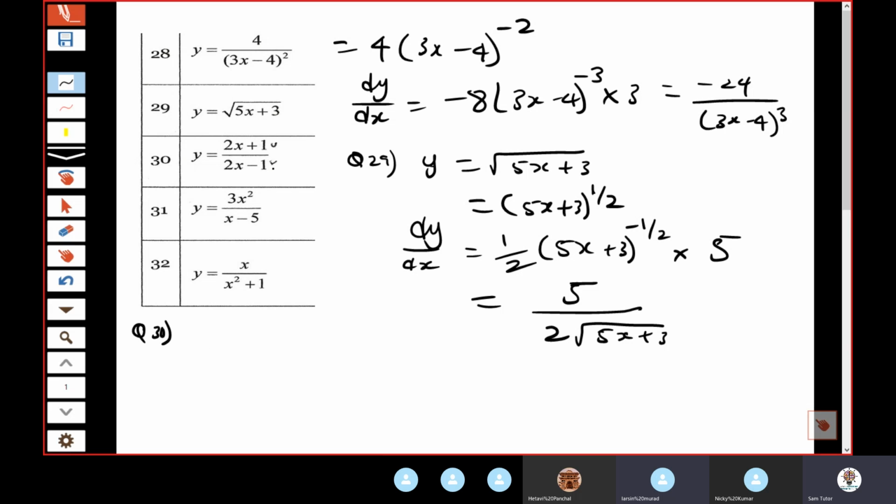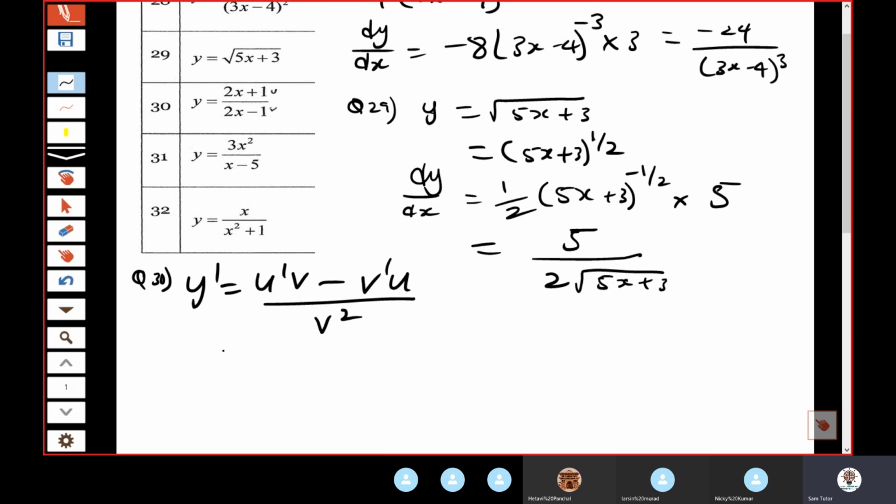Okay, question 30. Aiden, do you want to try question 30? I'll give you the formula. U dash V minus V dash U over V squared. That's quotient rule.